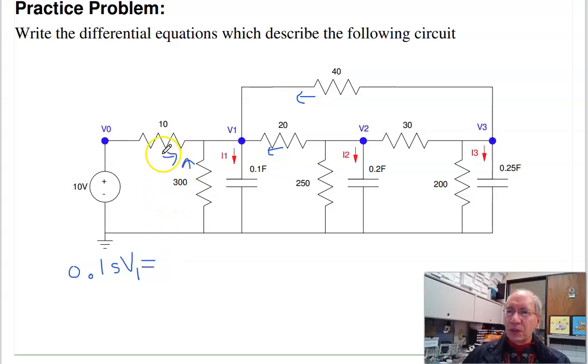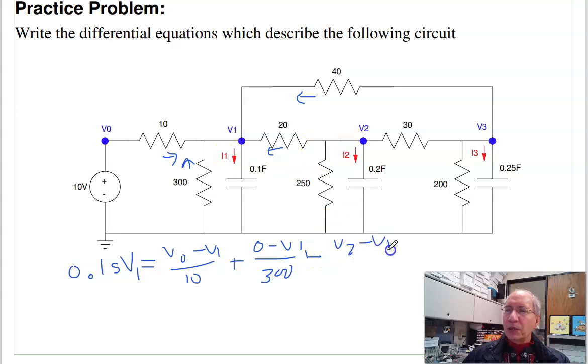That's equal to the current from the left, (B0 minus B1) over 10. Current up, (0 minus B1) over 300. Current from the right, (B2 minus B1) over 20. Plus the current from the right, (B3 minus B1) over 40.